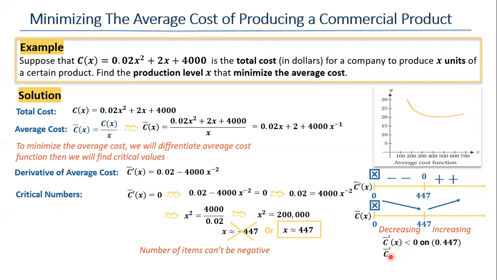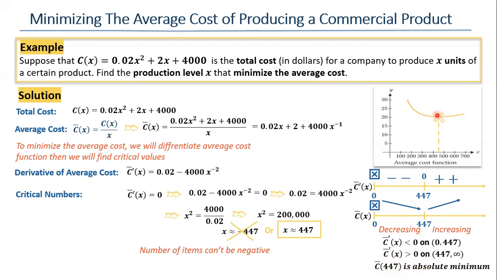So C prime of x is negative on the left of 447 and positive on the other side, so x equals 447 is an absolute minimum.